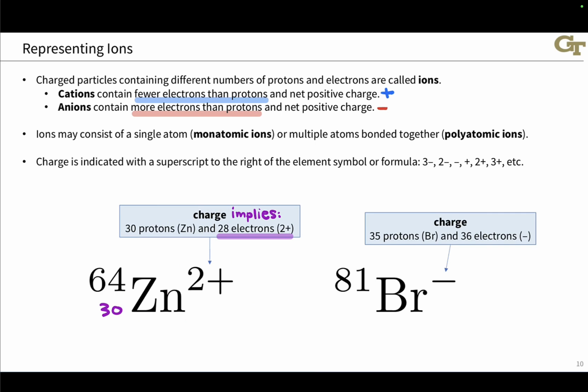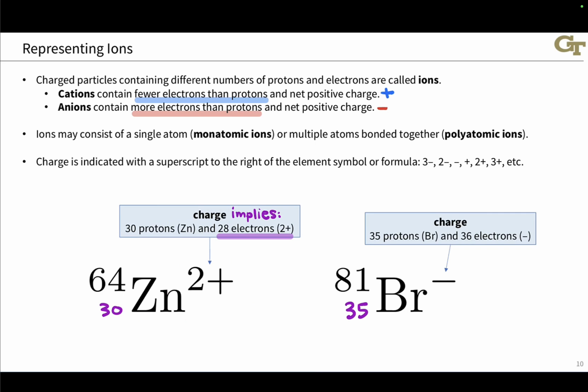In the second example here on the right, we have Br minus, and the mass number is 81. Again, the atomic number is implied by the fact that this is bromine. Every atom of bromine, be it neutral or charged, has an atomic number of 35. The -1 charge right here implies the number of electrons.